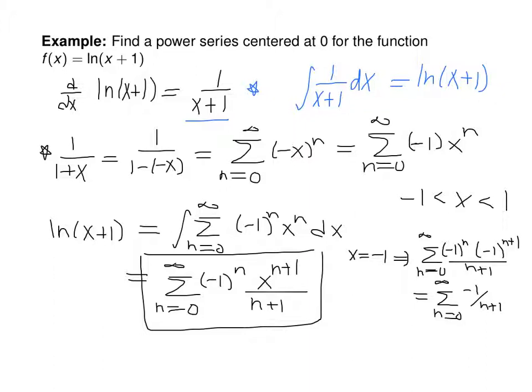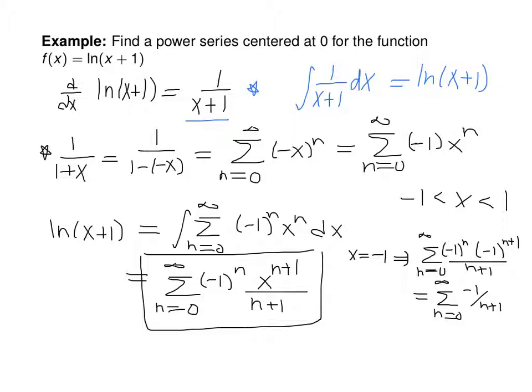Like say you input 0, the negative 1 to the 0 is 1, negative 1 to the 0 plus 1, or first, will be negative 1. When you input 1, the first one's negative, second one's positive. When you input 2, it flip-flops. But anyway, one of those two will always be negative.